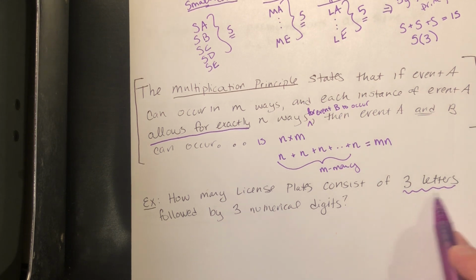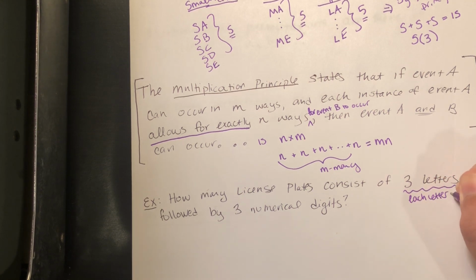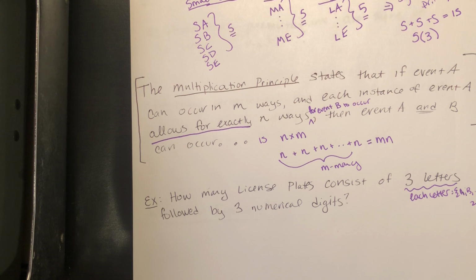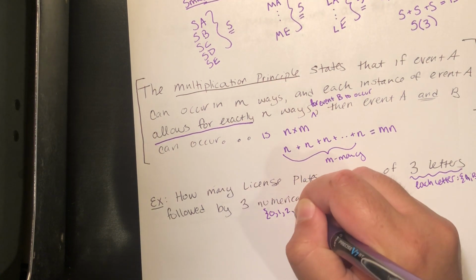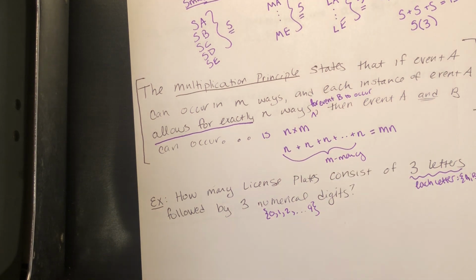So we have 3 letters are going to come first. Each letter is going to come from the alphabet. It's going to come from the set A, B through Z. So there's 26 options here. And our numerical digits are going to come from the set 0, 1, 2, all the way to 9. So there's 10 possible numerical digits.